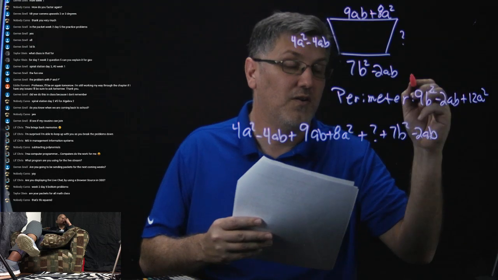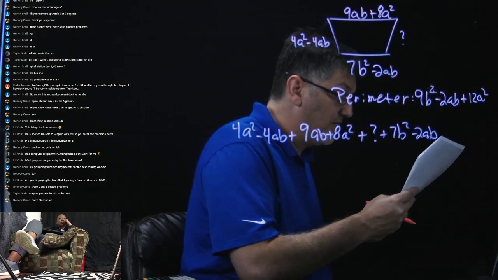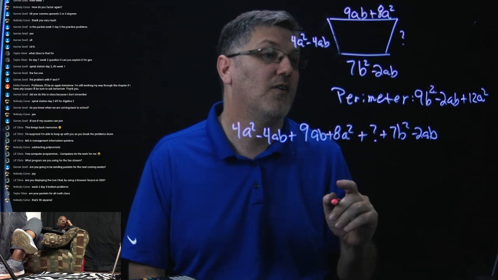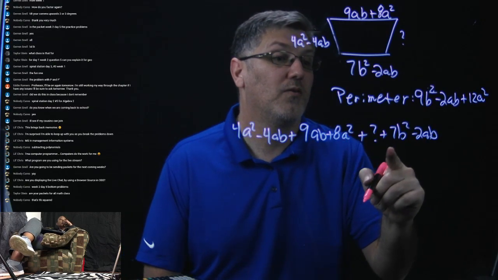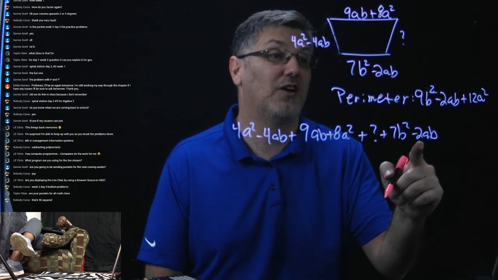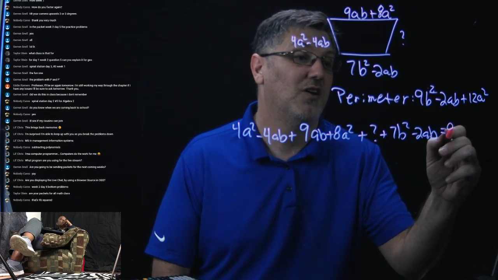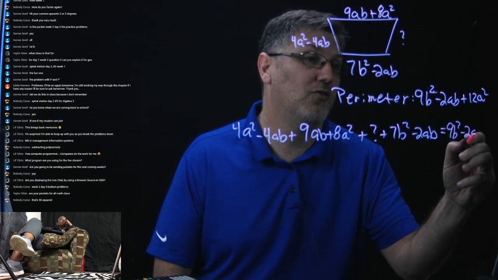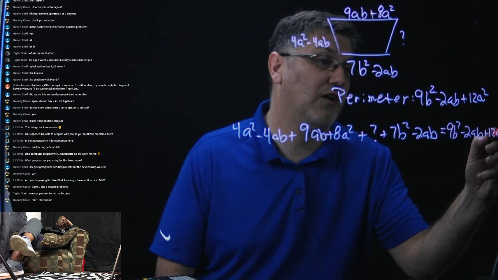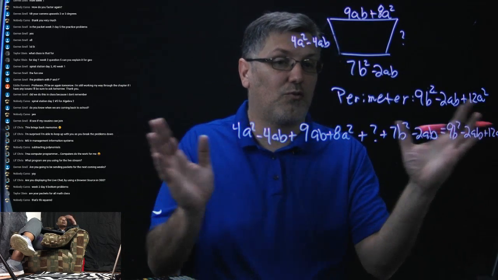Thank you. Good catch. No, that's fine, because I would have realized something was wrong here in a second. 9b squared minus 2ab plus 12a squared. Okay, a little bit off the screen, but I'm going to kind of condense.